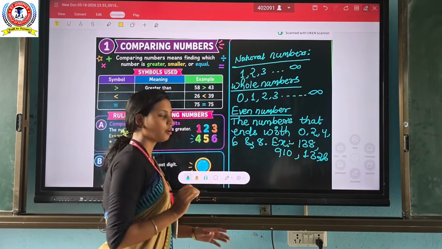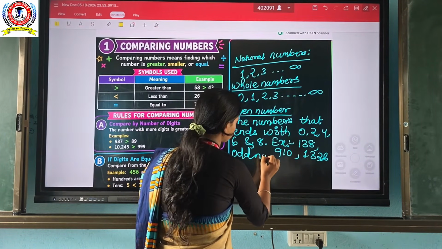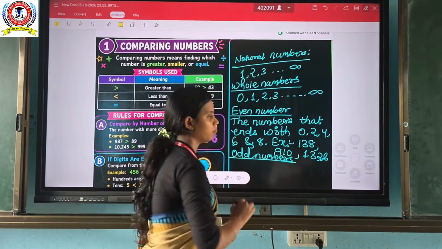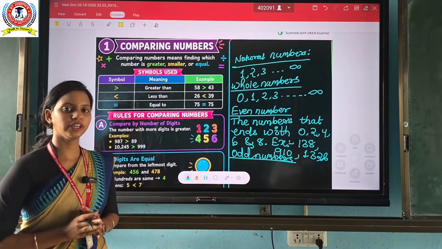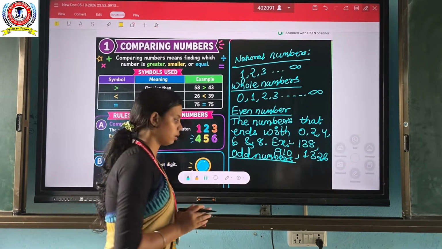Our next number type is odd numbers. So what are odd numbers? The numbers which end with 1, 3, 5, 7 and 9 are known as odd numbers.